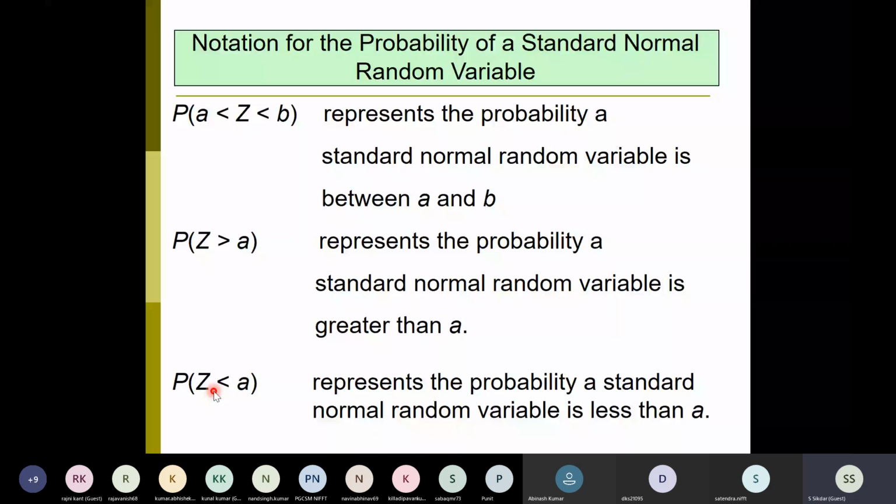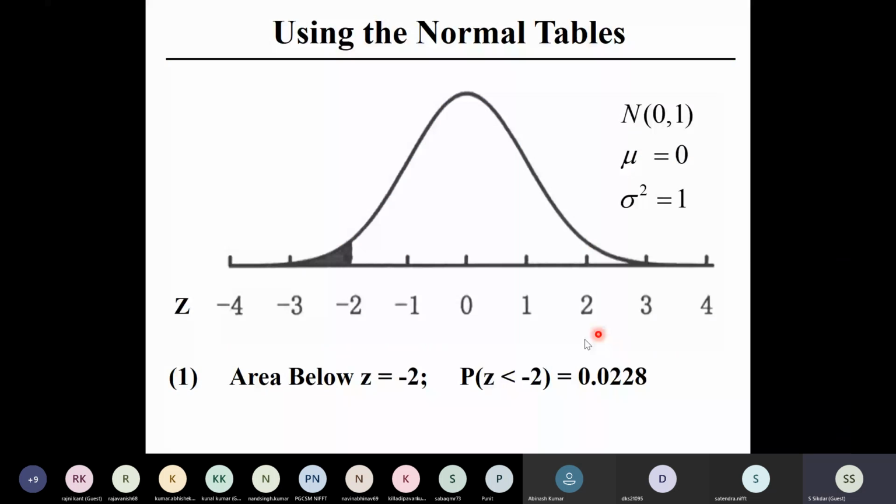This represents the probability of the standard normal random variable being less than A. Here it is shown as P of Z less than minus 2, so it is on the left hand side. If you have 0 here and the Z value varies between minus 4 and plus 4, it has already been standardized, with mu equal to 0 and sigma squared equal to 1.